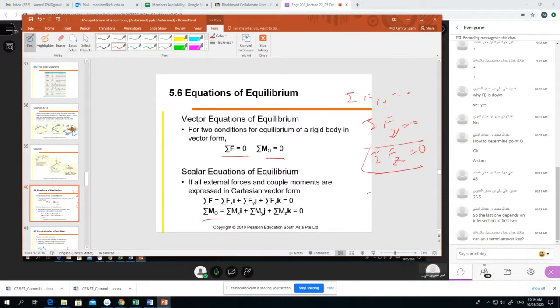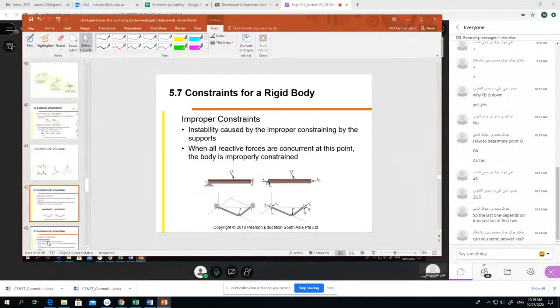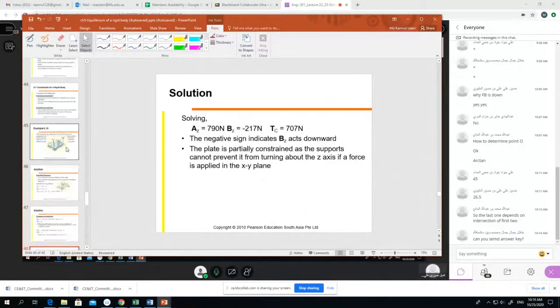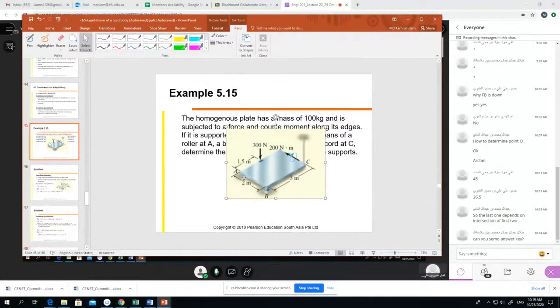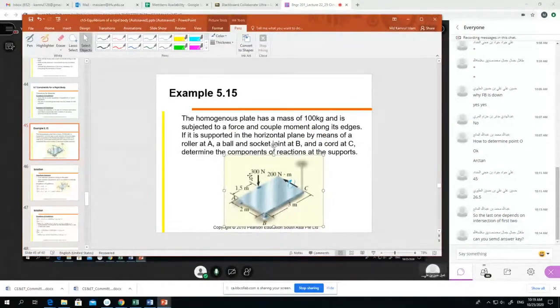Similarly, summation of moment about the x axis will be 0, summation of y moment equal to 0, summation of z moment equal to 0. These are the equilibrium equations we'll be using in the next class. So next class we will learn this example. Now, do you have any question? Tell me. Our time is finished.